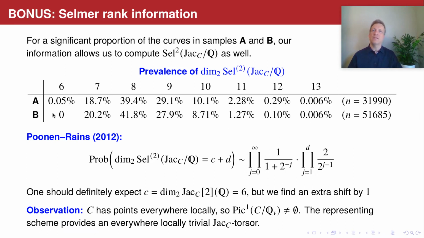And we find, especially in the row B here, a fairly good match with those values, but it's a little surprising what a shift we need to take there.